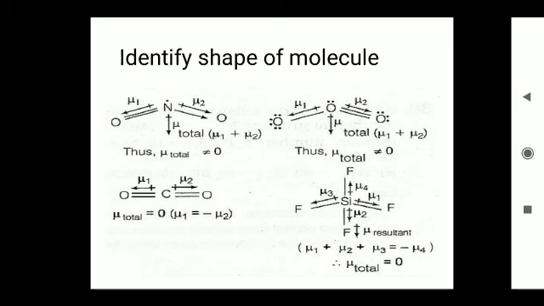Next, identify the shape of the molecule. By observing the following diagrams or structures, you will determine the shape of the molecule. If the compound has a planar or symmetrical nature, it has zero dipole moment. If the molecule is asymmetric or non-planar, the value is not equal to 0.